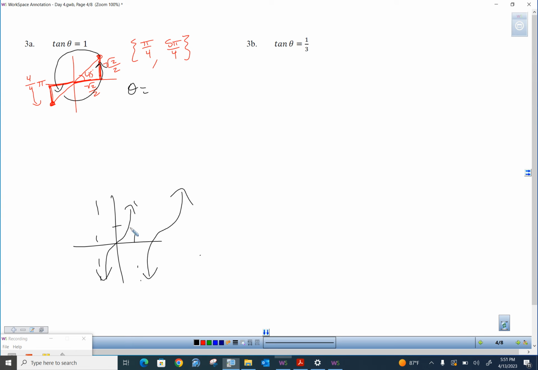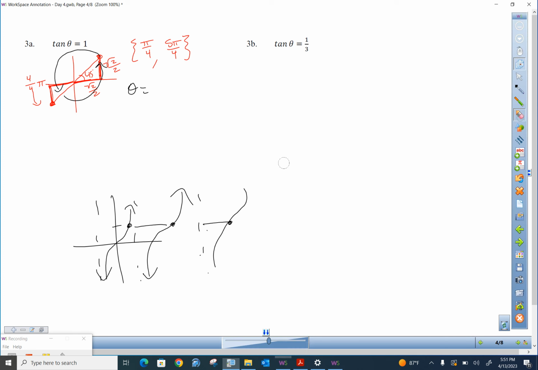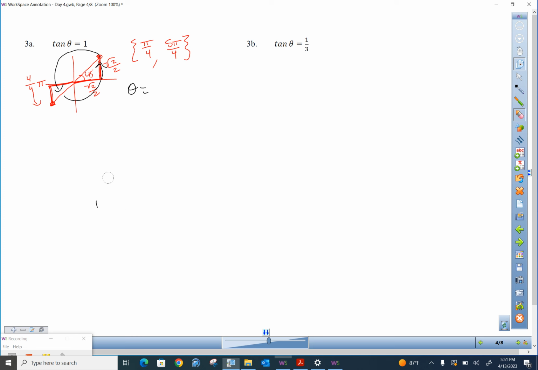If I think about 1, that's here, and then the next one is that same distance away, and then that next one is the same distance away. So we're always dealing with that distance of, in fact, pi, which is happening because the period of tangent is pi. So I only have to write 1 for tangent, always.